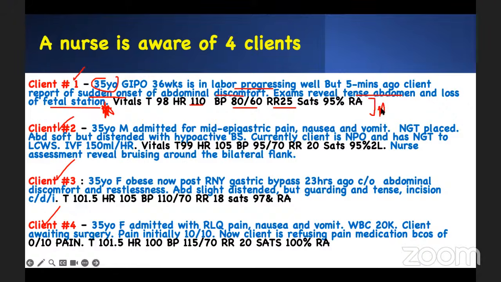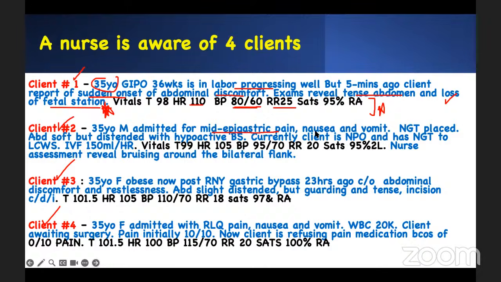What is your diagnosis? Have you heard this before? Loss of fetal station, that is the key. Sudden onset, that is the key. And the patient is in labor. Loss of fetal station, sudden loss of what? Fetal station, patient is in labor, and blood pressure is 80/60.